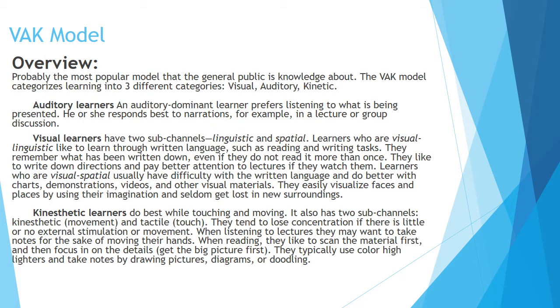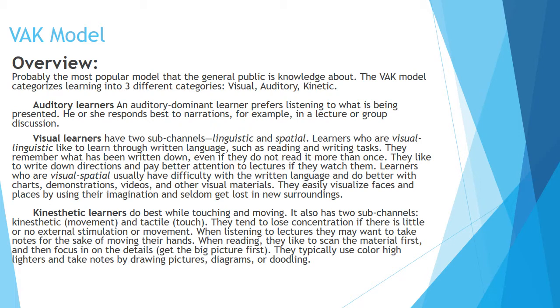So the VAC model is actually one of the oldest cognitive style models and one of the most popular. Whenever you think of learning styles, this is actually the first thing that comes to mind for most people. I'm sure many people have heard this myth before, where people are definitely broken down into auditory learners, visual learners, and or kinesthetic learners.